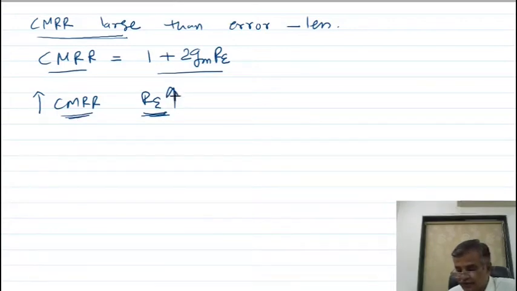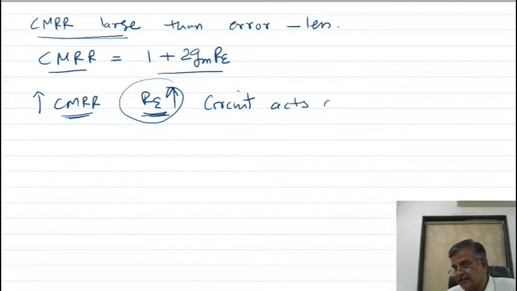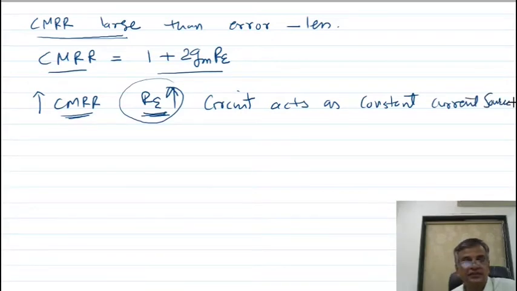A large value of RE means the circuit should act as a constant current source circuit.